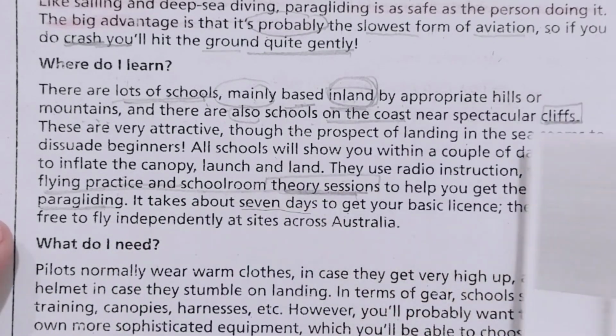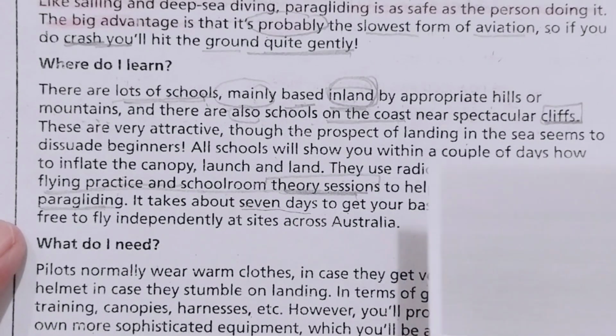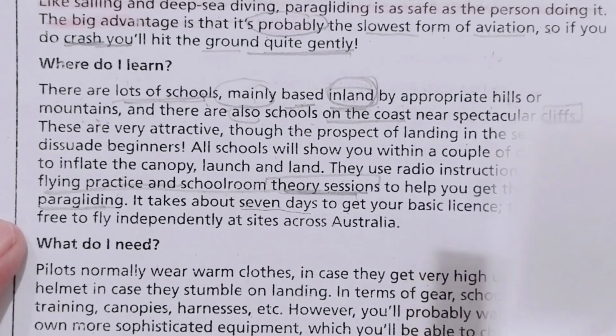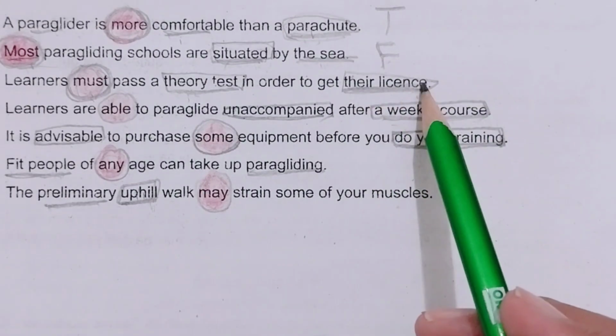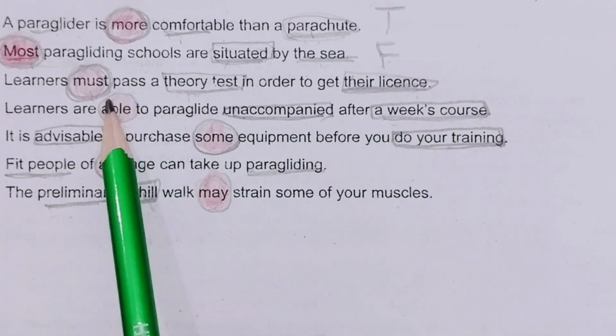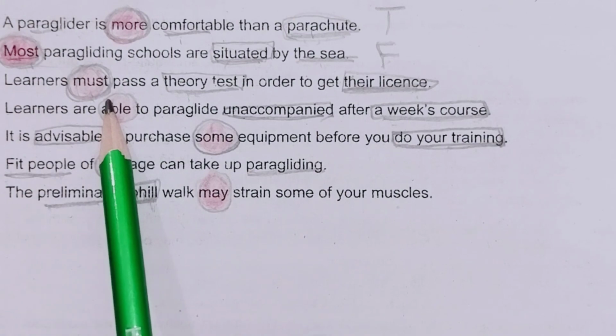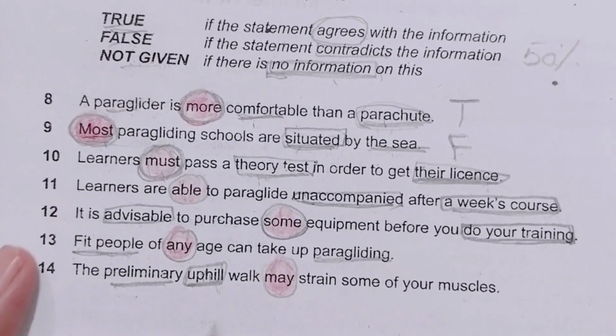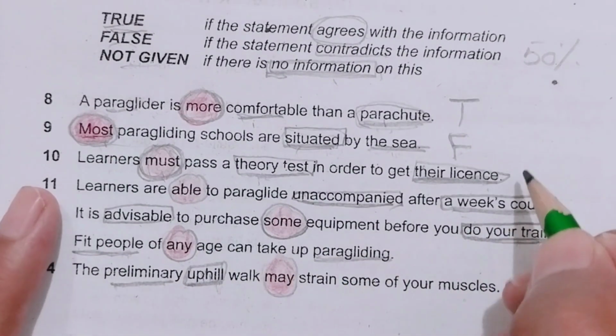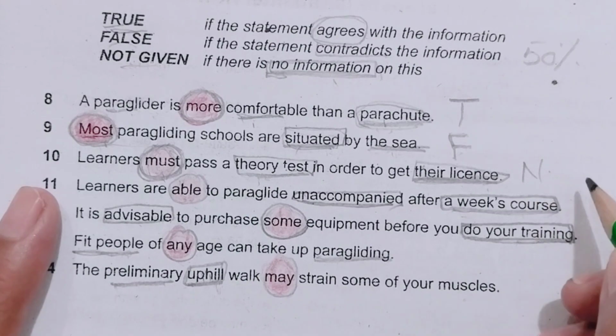These are the medium of instructions, medium of teaching, but not the source that you will get a license only after passing your theory test. So what do you think, what would be the answer? Just guess. There is no information that you must pass the theory test, so our answer is not given.